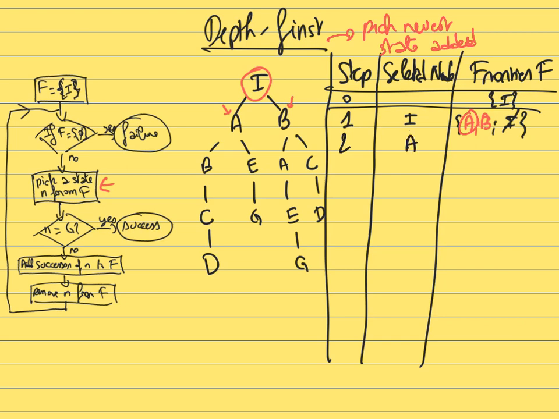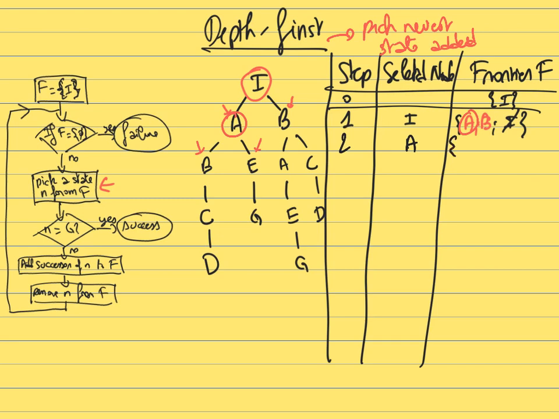So A is not the goal, so you will need to expand the node A. So same thing, you have two nodes that are accessible from the state A, so you will add them to the frontier, but same thing, you will now add them at the beginning of the frontier.